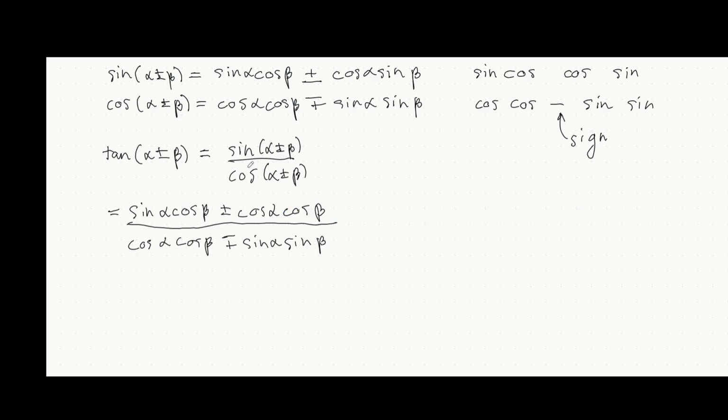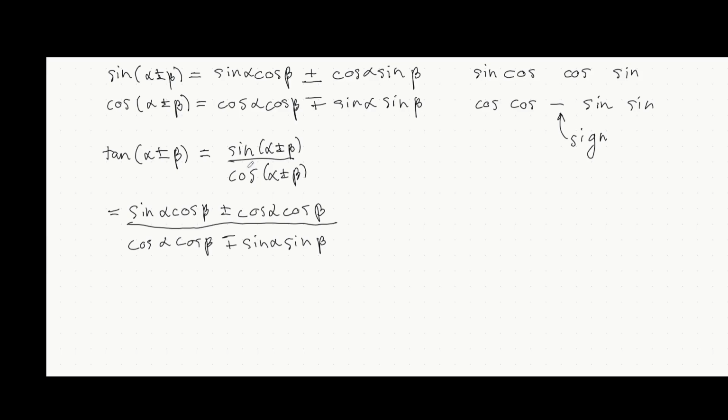If we want to have this in terms of the tangents of alpha and beta, just like our sine and cosine formulas for the angle sum or difference are in terms of the sines and cosines of the original angles alpha and beta, maybe it's easier to take the tangent of both of the angles instead of the sum or the difference, so we'd like to have it in terms of that instead.